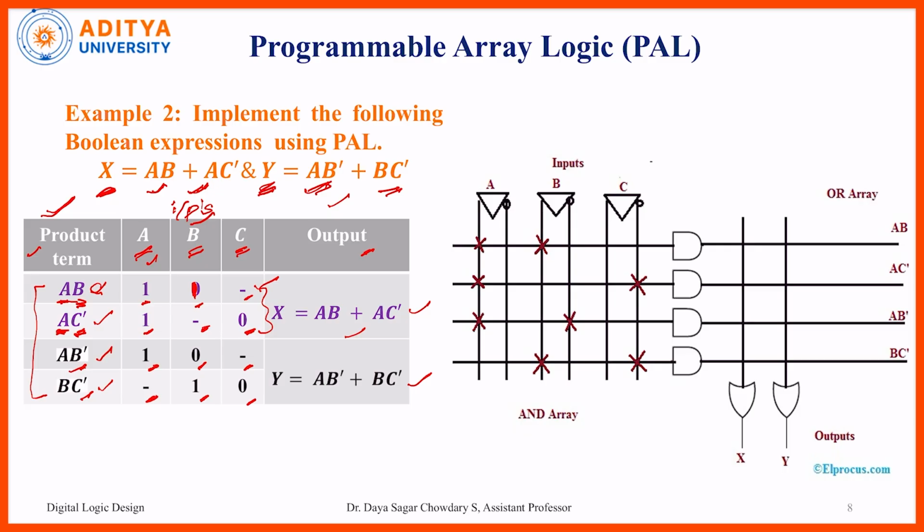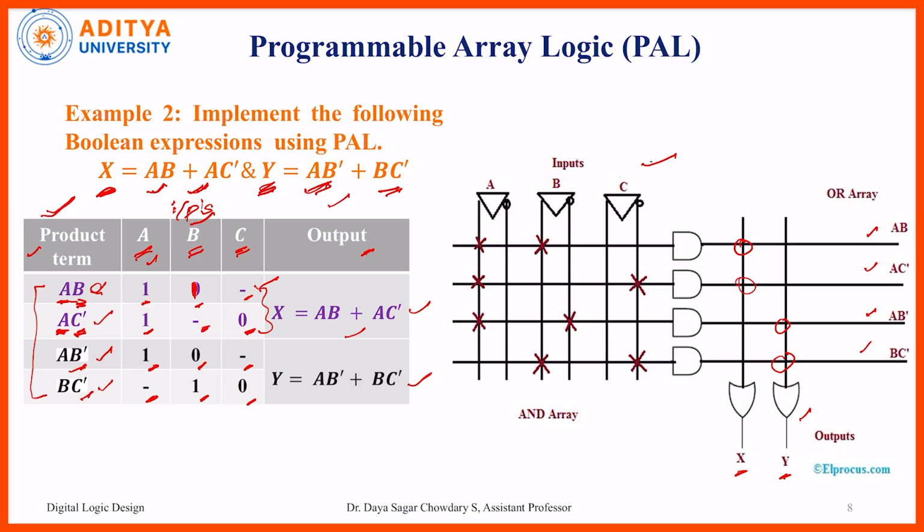These two terms are the outputs, and we can construct the circuit with the help of these particular products. So here, if we observe, X and Y are the outputs, and whatever the SOP forms, these 4 are the terms. So that means the first OR gate contains 2 inputs. These are the 2 fixed inputs, and next AB bar and BC bar, these are the 2 inputs for this particular Y output.